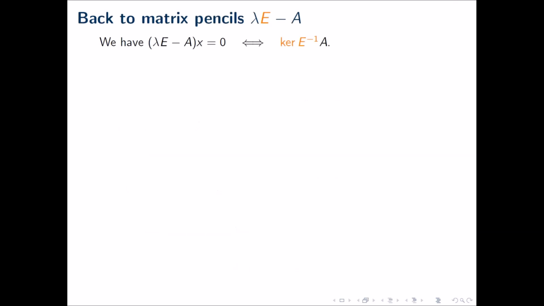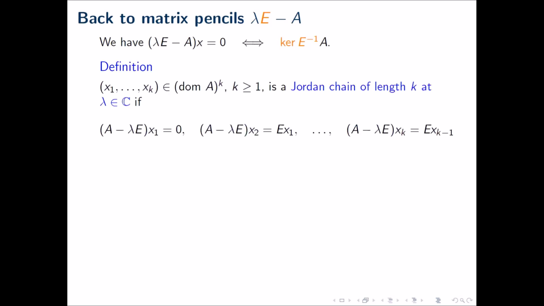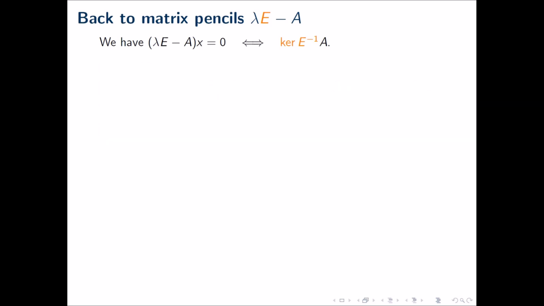Now I come slowly to an end, but I have to go back to matrix pencils before. As I said, I want to relate the matrix pencil lambda E minus A with this linear relation.